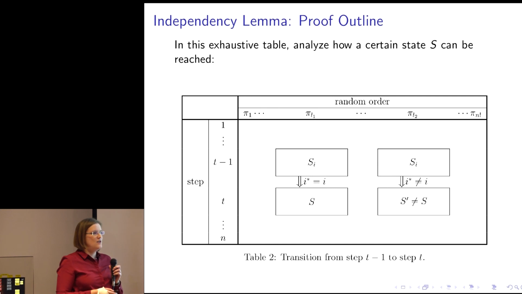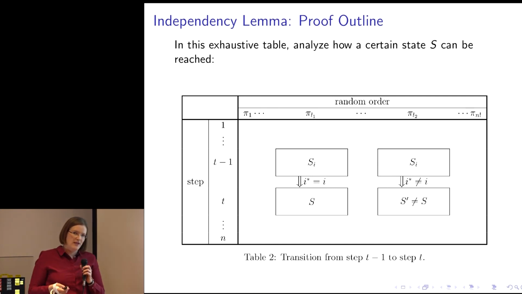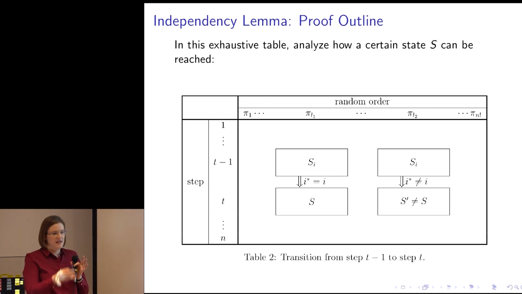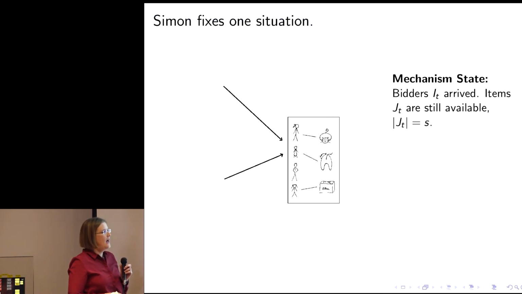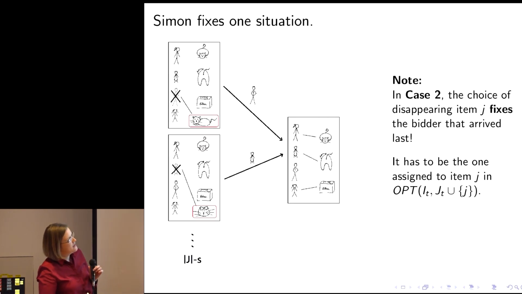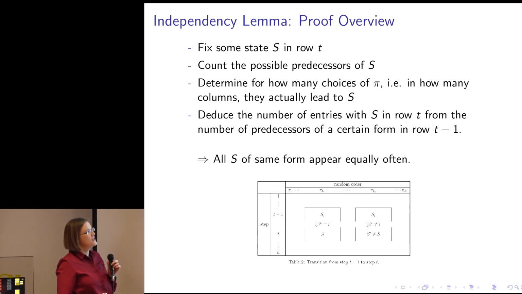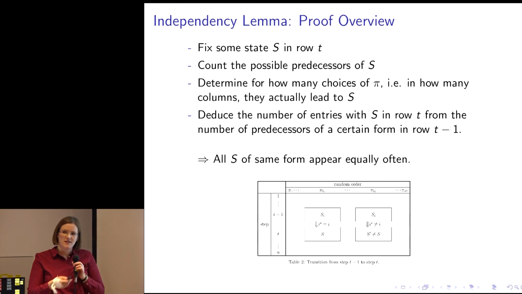And if you analyze how you can get into any of these states, you realize the ways to get there depend on the size of the left side and the right side of the graph, but never on the actual valuations in there. And this is just a short example on how to do it. I'll skip it. And in the end, with this observation that you depend on the sizes, but never the actual valuations, you get that all the states of the same size, so to speak, appear equally often, and that proves the lemma.